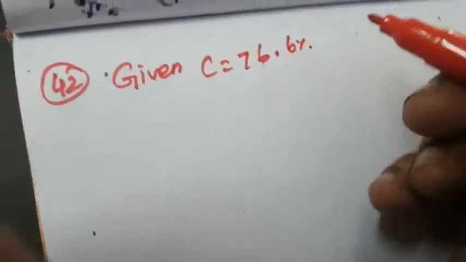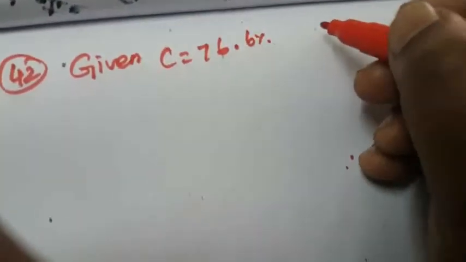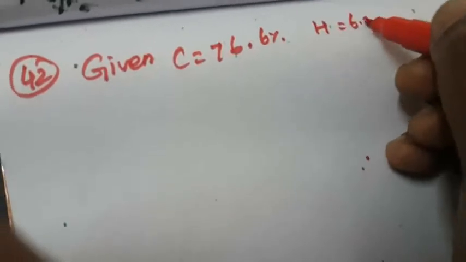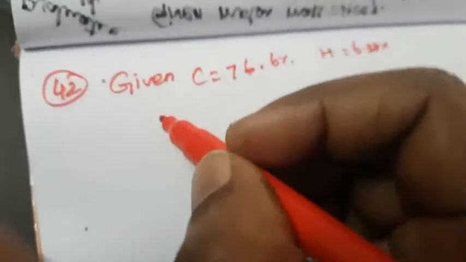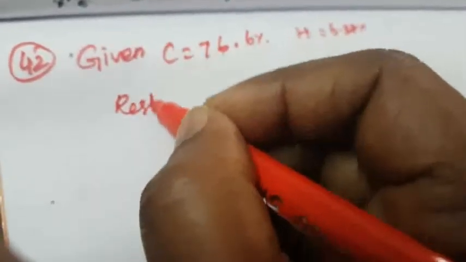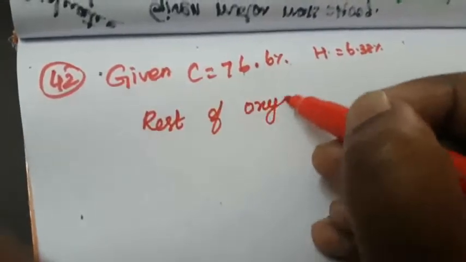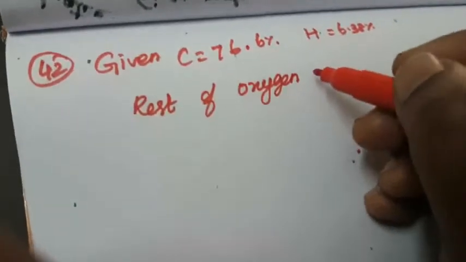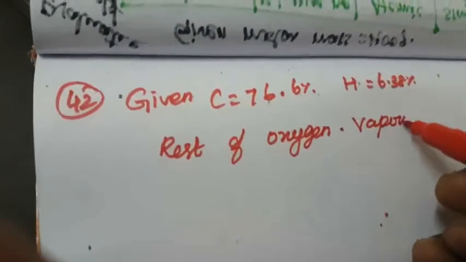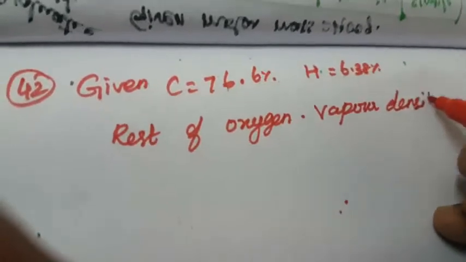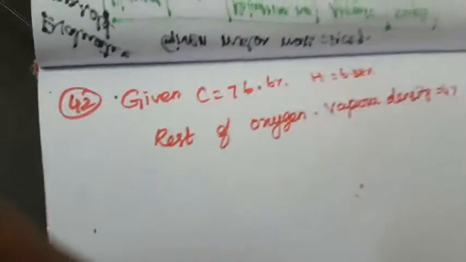Given data: the compound contains carbon 76.6%, hydrogen 6.38%, and oxygen is not given, it is the rest. Another given is vapor density, which is equal to 47. These are all the given data.